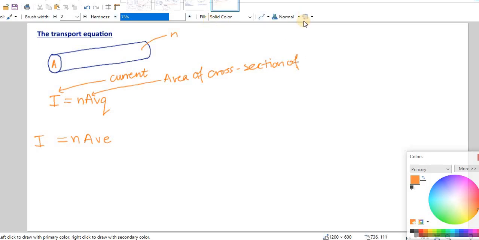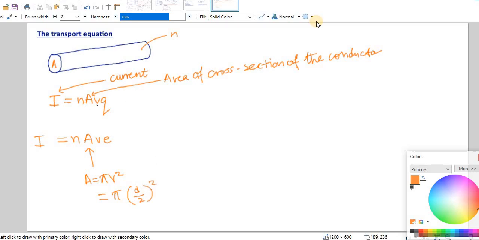In this case the conductor is cylindrical in shape, so this will be pi r squared, because it's a circular cross section. Also, if they give you the diameter, you can write diameter divided by 2, squared, over here.